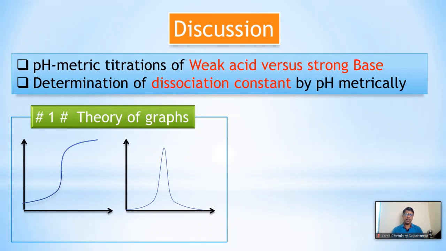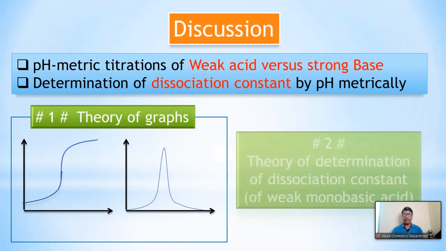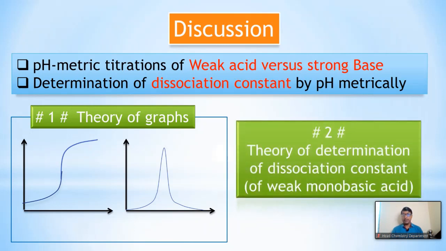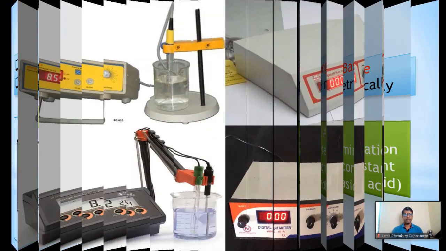In the first part, I am going to tell you about the theory behind the pH metric titration graph of weak acid versus strong base. And in the second part, I am going to tell you about the theory of determination of dissociation constant. Here, we discuss a weak monobasic acid.